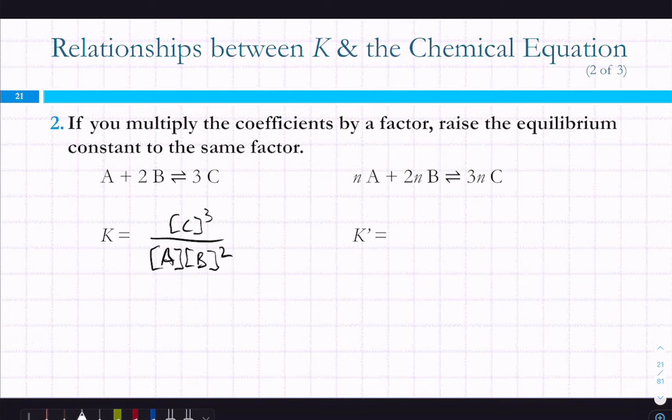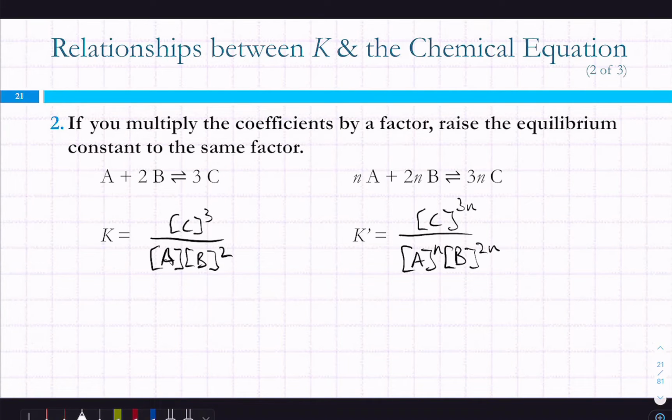If we raise that to some power, then we're multiplying each of the coefficients by the same thing, and so we multiply the exponents by that as well. So then this is going to be C raised to the 3n, so 3 times n, over A raised to the n times B raised to the 2n.